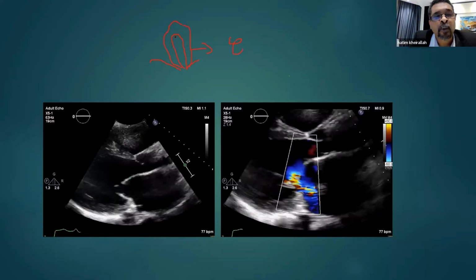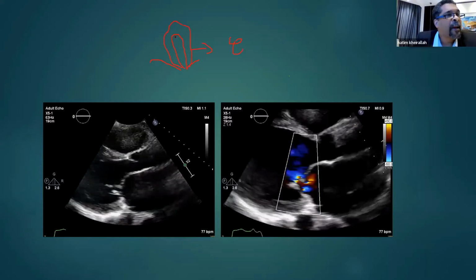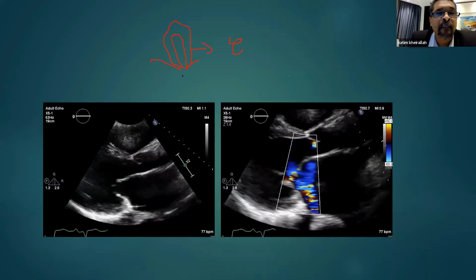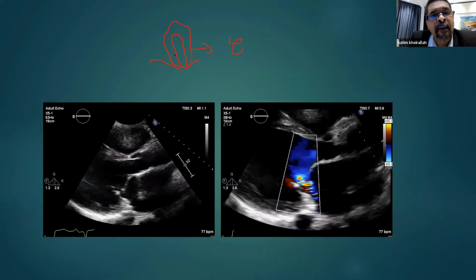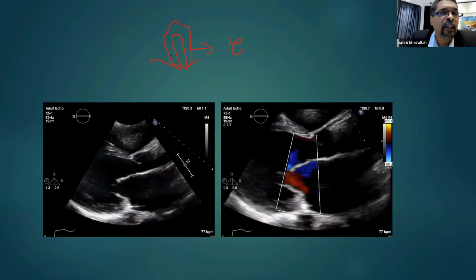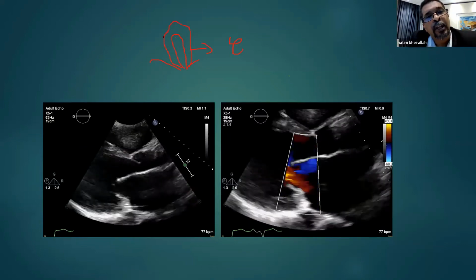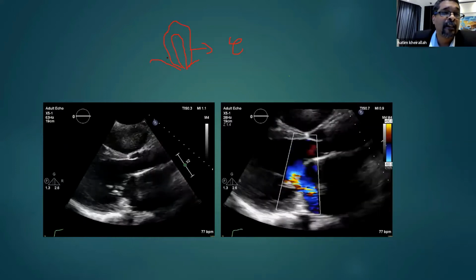So what we actually see by color flow map is the primary jet and the secondary jet, which are created by the kinetic energy of the primary jet exciting the blood around it and recruiting blood into the MR. So it looks like mosaic color.